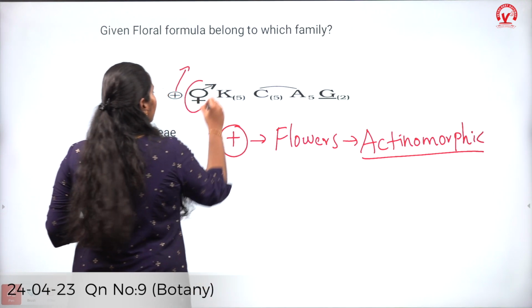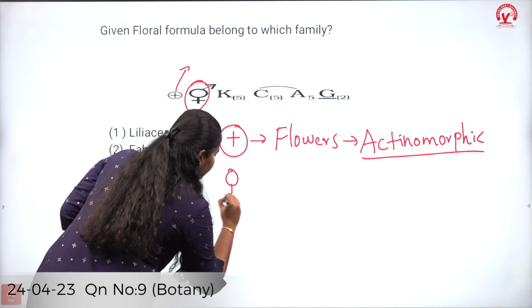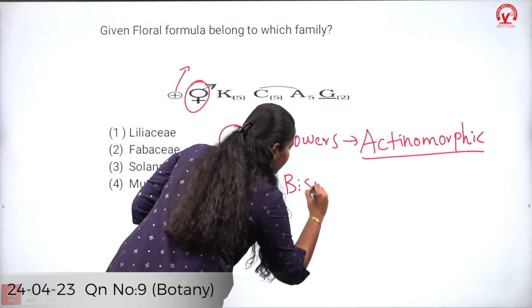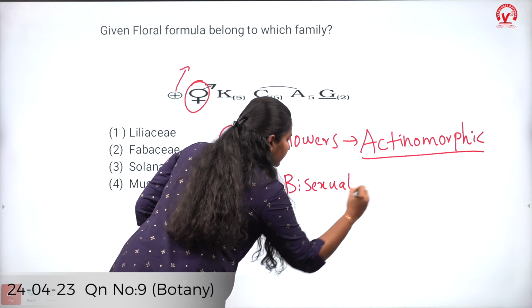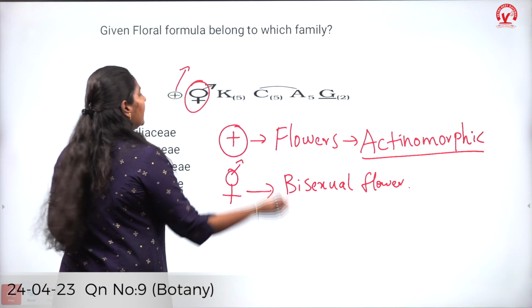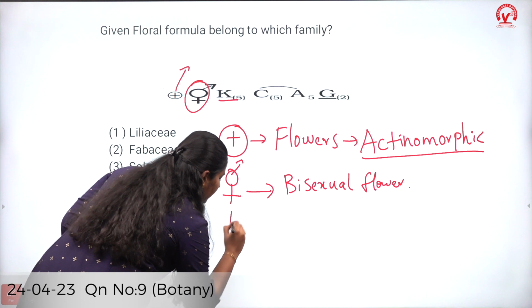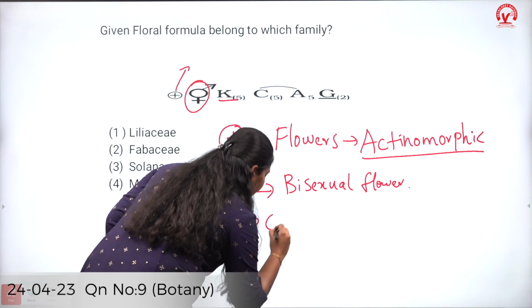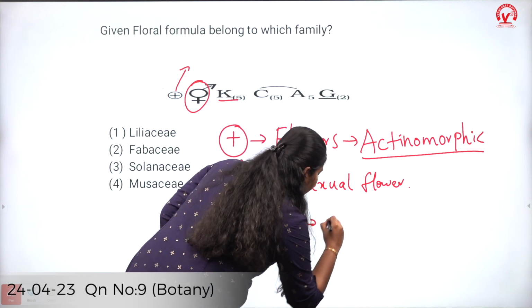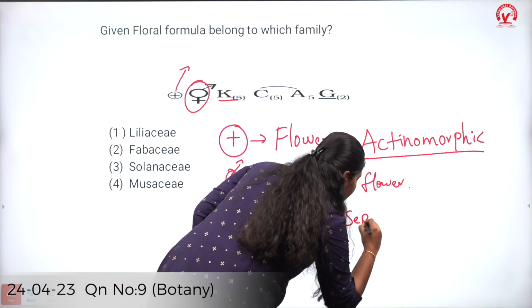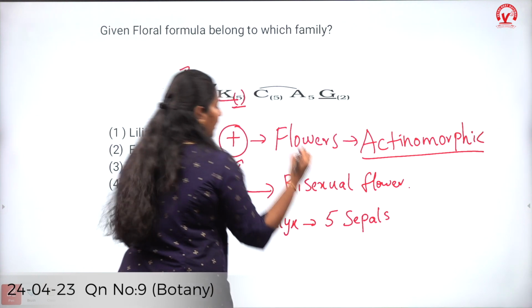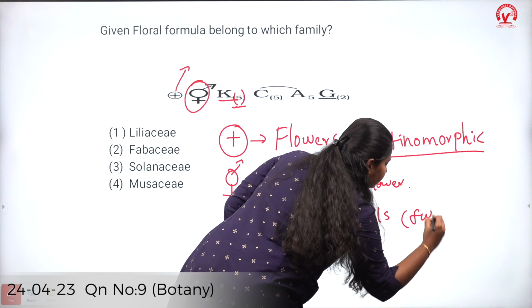Next, this symbol denotes a bisexual flower, and next K means calyx, that is, we have 5 sepals and this bracket denotes they are fused.